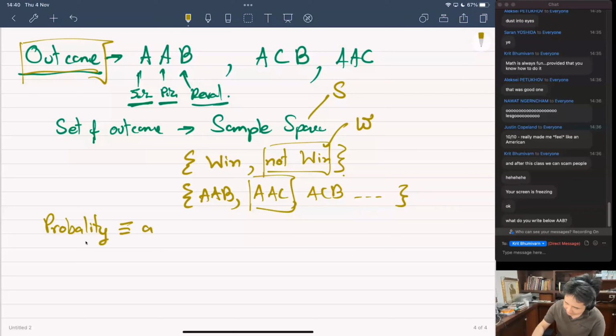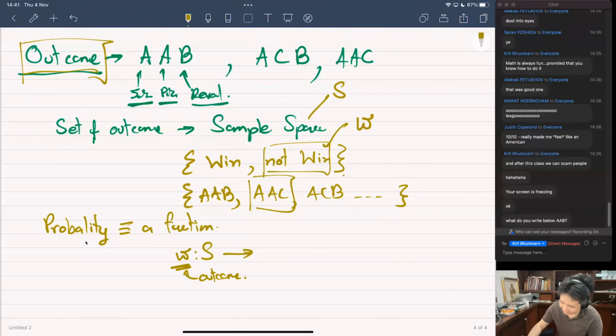It takes in omega, which is in S, an outcome, not an event, an outcome, and it spits out a float, a real number.